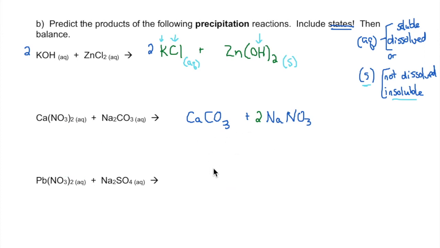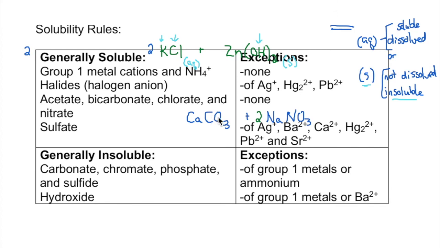Now the last thing we have to do here is determine which is soluble and which is not soluble. The carbonate is one of our generally insoluble ions unless it's with a group 1 metal or ammonium. Calcium is not one of those, so calcium carbonate would be insoluble.